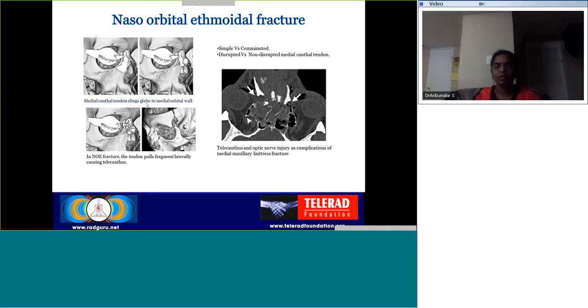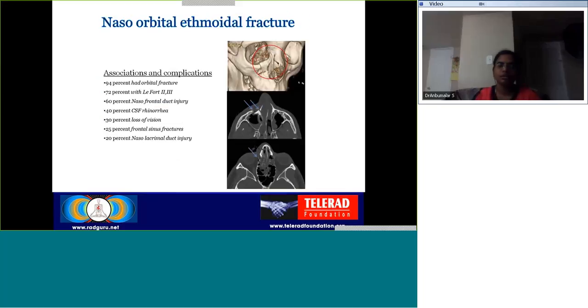Whenever there is a fracture in this, as in this case, if it is comminuted, then the tendon will pull the fragments laterally, causing the telecanthus. So this has to be mentioned. So the proper repair has to be done for the tendon. So the associations are the orbital fractures, and this may be associated with the Le Fort 2 and 3 fractures.